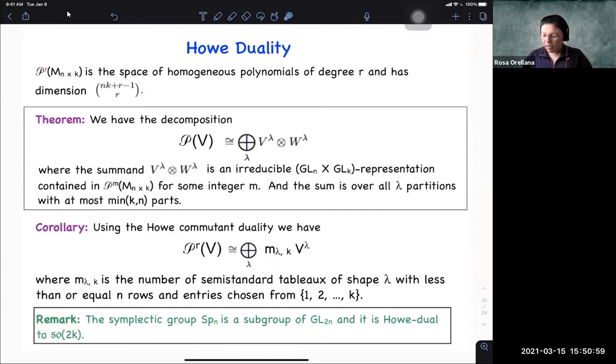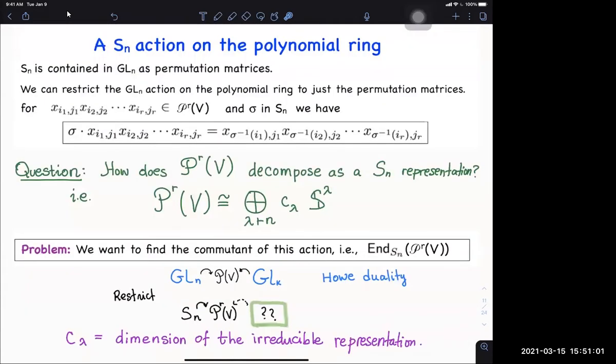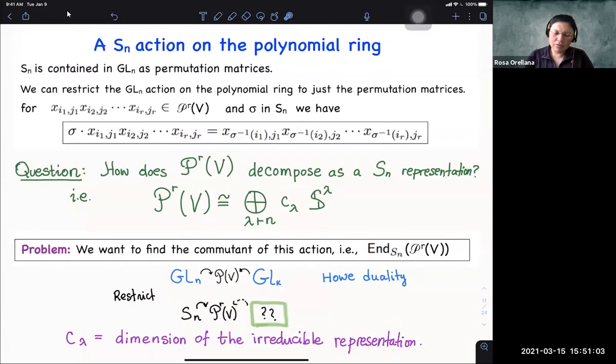Okay, so then Sn also acts on the polynomial ring. Here the symmetric group is contained in GLN as permutation matrices, as we saw before. If you give me any monomial in the polynomial ring of degree R, on the homogeneous component, then the symmetric group acts on the first index.